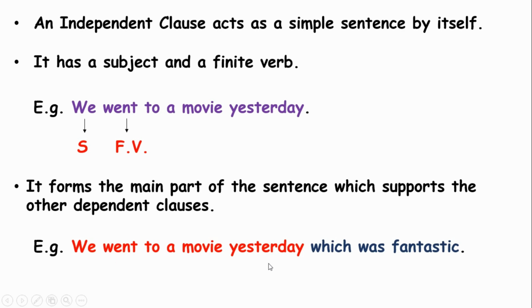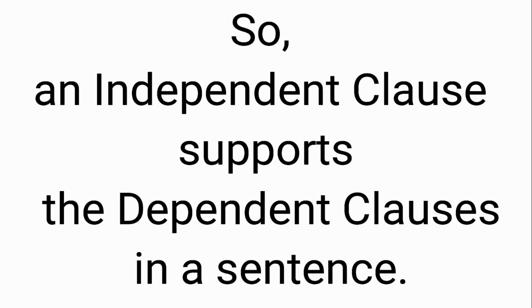Here, we went to a movie yesterday acted as a simple sentence because we don't have any other parts of the sentence over here. But here we have two clauses. We went to a movie yesterday, that is the independent clause; which was fantastic, that is a dependent clause, an adjective clause. So, an independent clause supports other dependent clauses in the sentence.